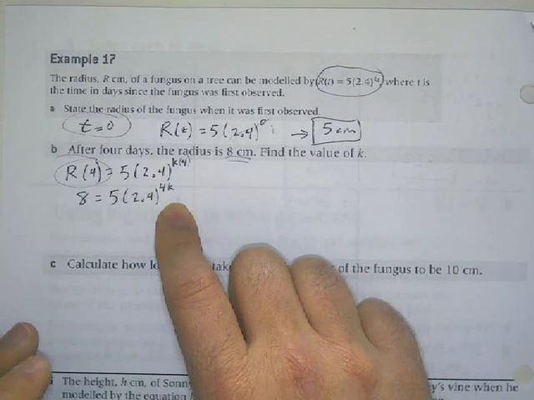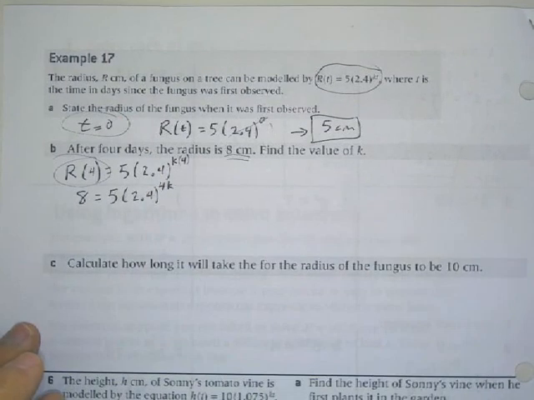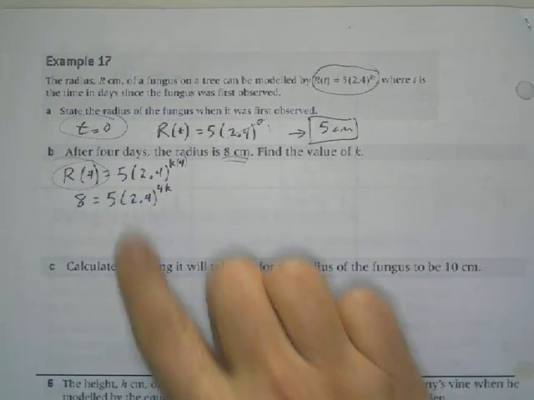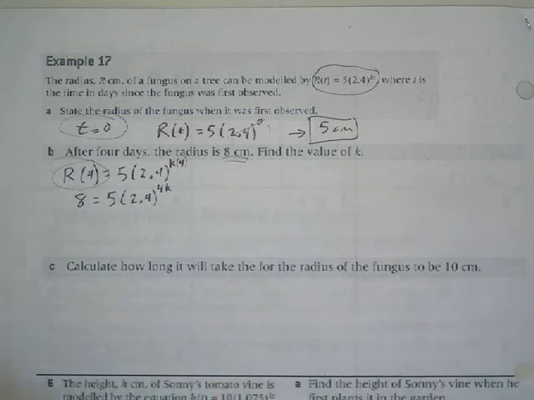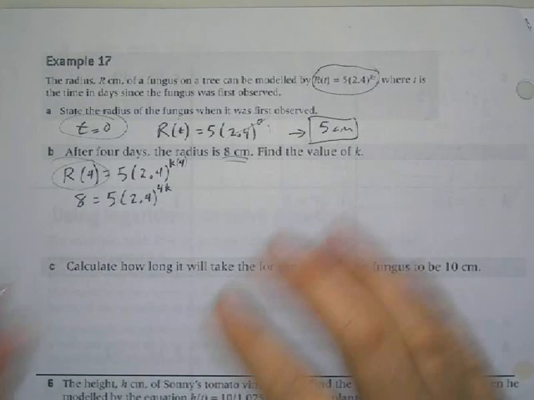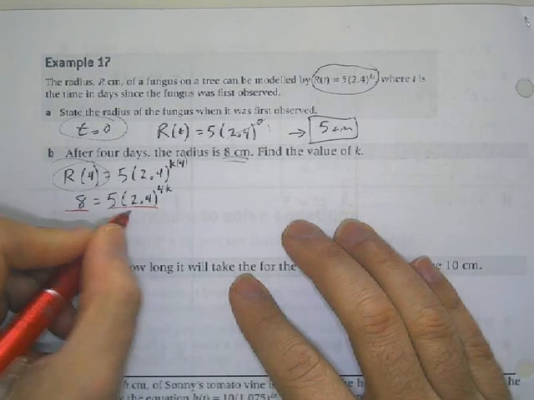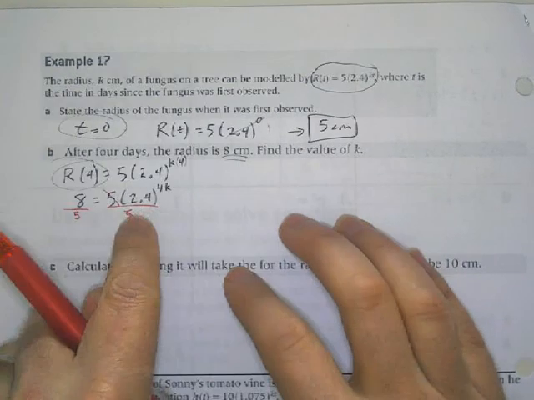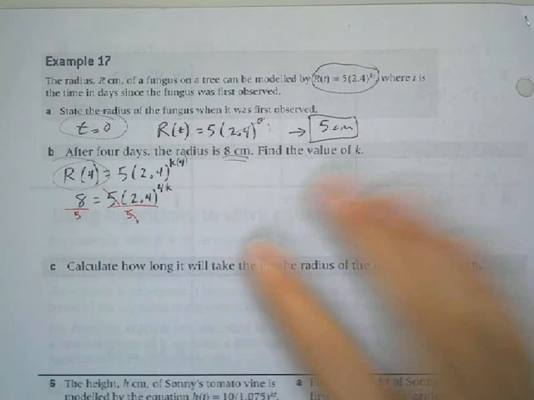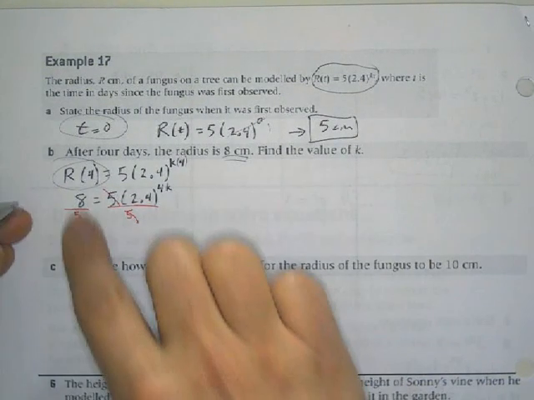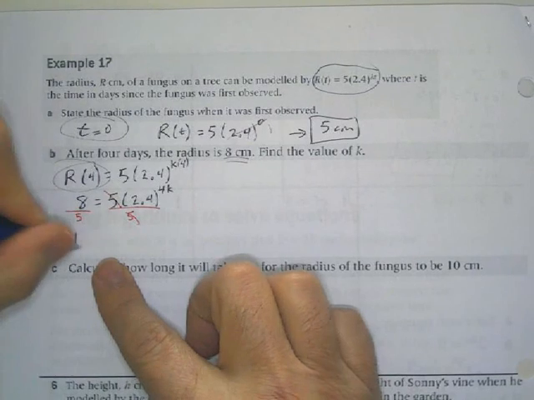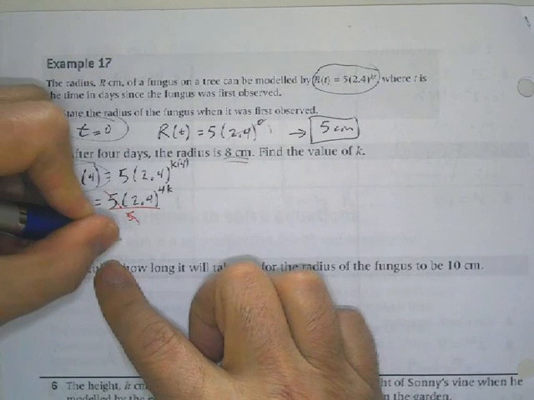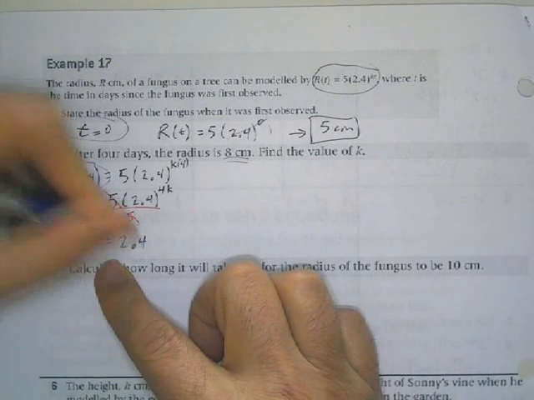The first thing I think we should do is divide both sides by 5. I can't divide by 2.4 because that has that power, and we can't do that. So 8 divided by 5 is going to give me 1.6 equals 2.4 to the power of 4k.